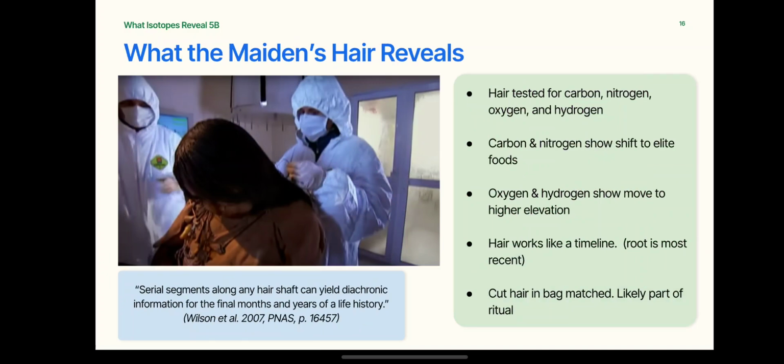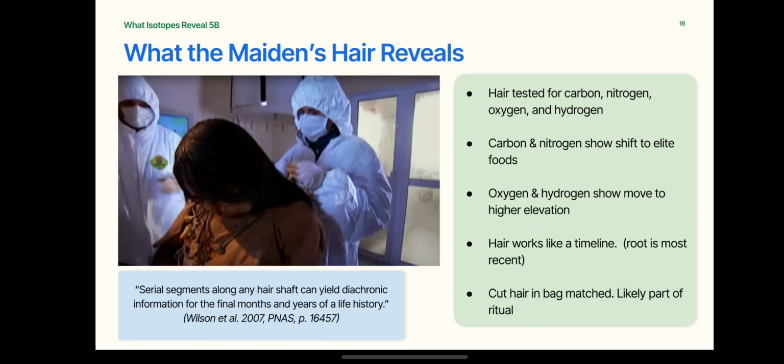Researchers tested the maiden's hair for stable isotopes of carbon, nitrogen, oxygen, and hydrogen. Because hair grows over time and doesn't change once it's formed, each section preserves a chemical record, kind of like a timeline. They found that her carbon and nitrogen levels started to rise about a year before she died.